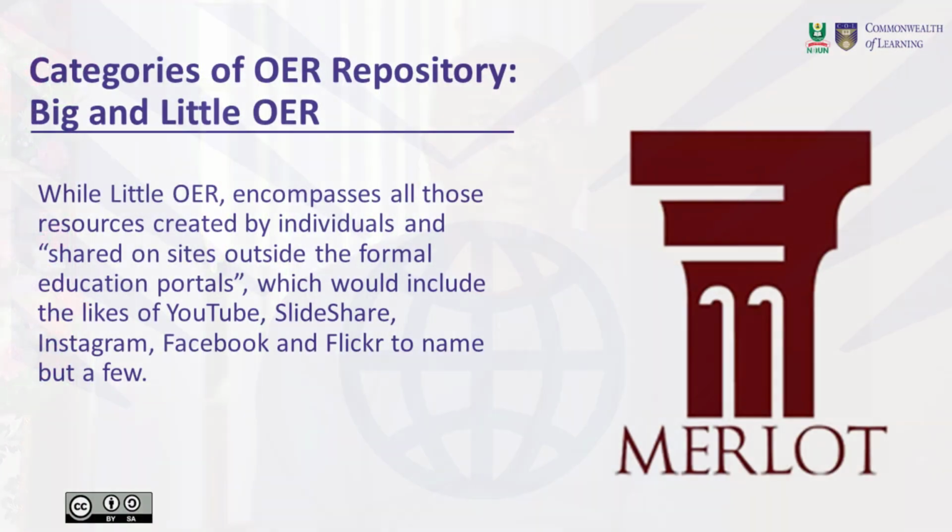While little OER encompasses all those resources created by individuals and shared on sites outside the formal education portals, which will include the likes of YouTube, SlideShare, Instagram, Facebook, Flickr, to name but a few.